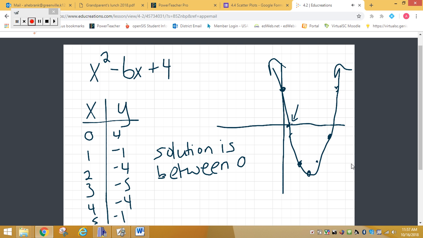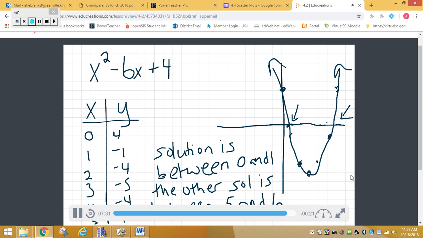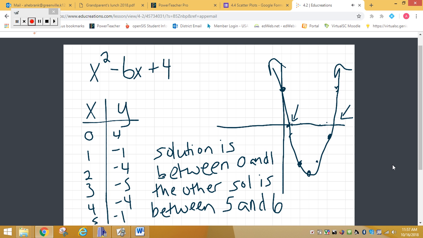So you would put between 0 and 1. The other solution, I'm going to abbreviate solution. The other solution is between, so now I'm talking about this one, which is in between 5 and 6. See how there are a few like that on your worksheet, where you just look at where you graph it and you pick the two numbers that it's in between.